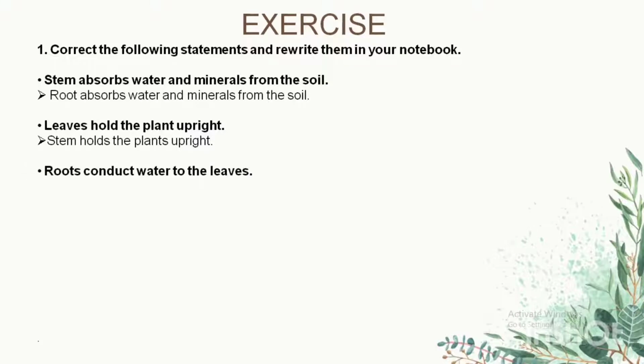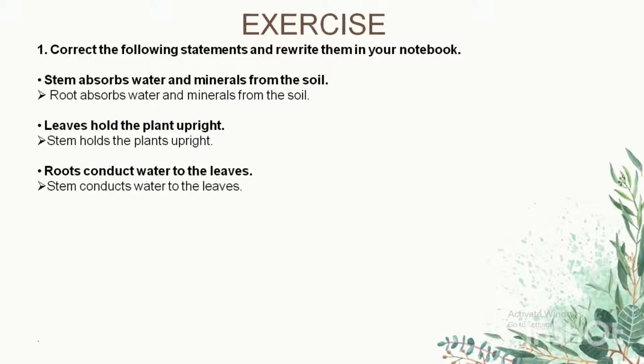Okay. Next one is roots conduct water to the leaves. Roots conduct water to the leaves. Means roots है वो पानी को leaves तक पहुंचाता है. Is it correct? No. Answer should be stem.